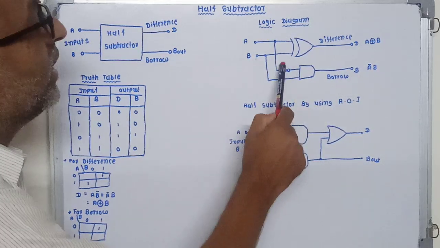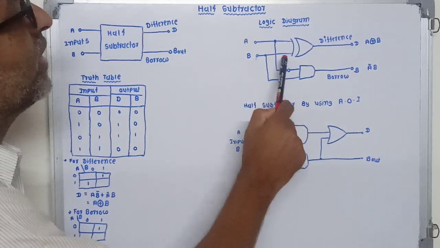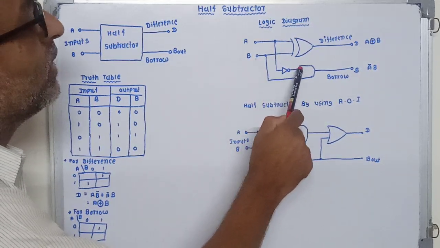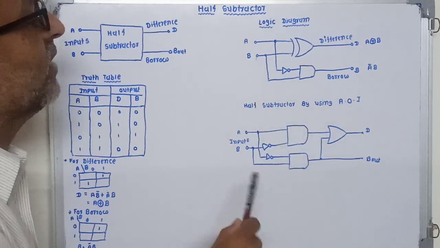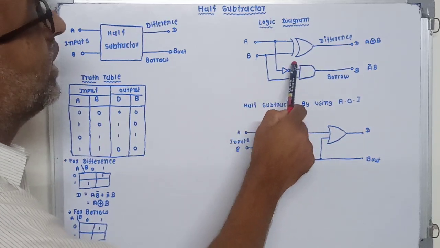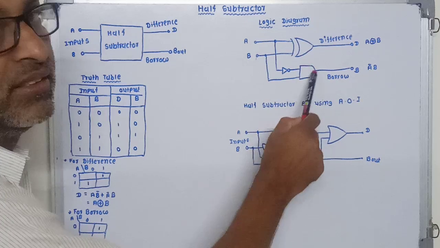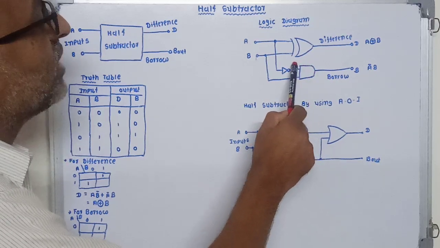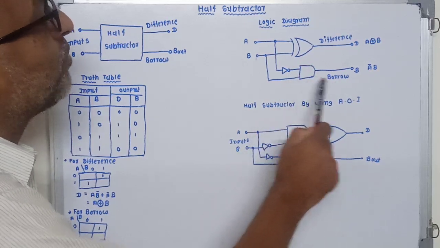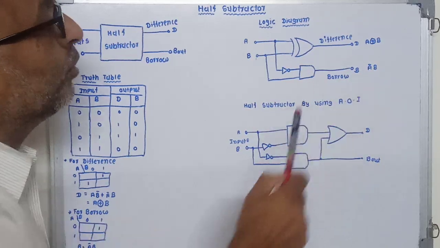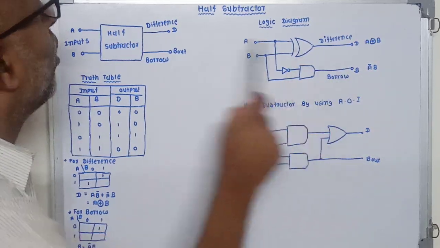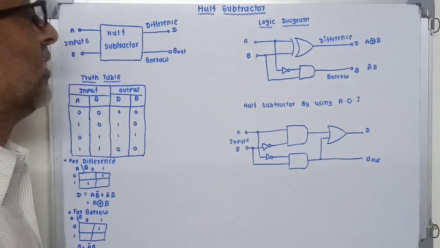That's why we are connecting one NOT gate in series with the input of this AND gate, which provides A bar input to this AND gate. So its inputs are A bar and B, and it provides the output A bar into B. It is nothing but the borrow of the half subtractor circuit.